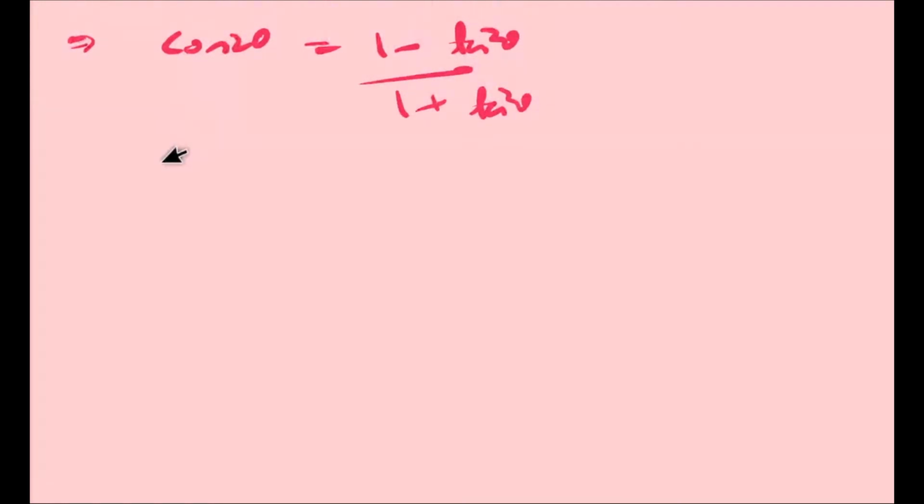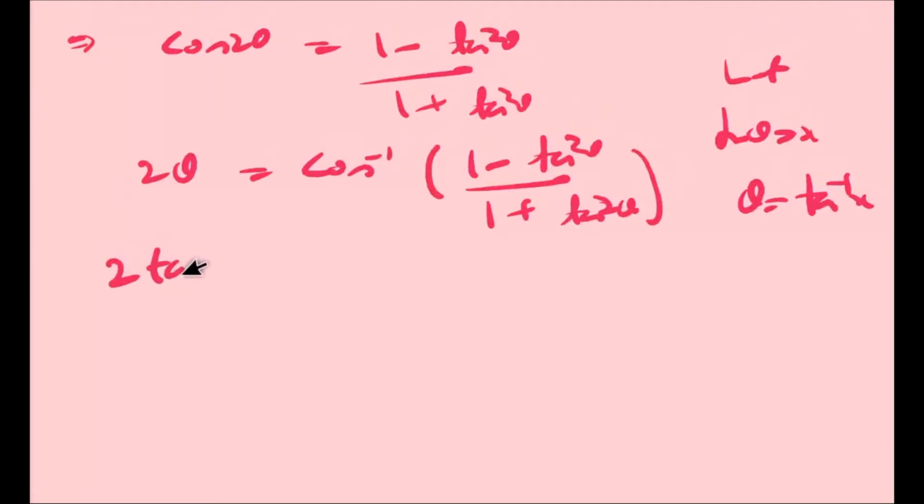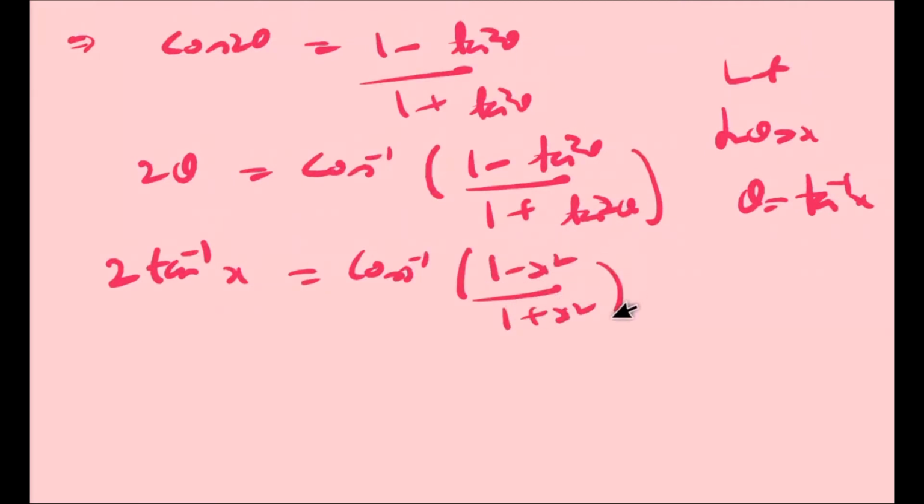Now we also know that cos 2θ equals (1 minus tan² θ) upon (1 plus tan² θ). So we put here 2θ equals cos⁻¹((1 minus tan² θ)/(1 plus tan² θ)). Again let tan θ equal x, then θ equals tan⁻¹ x. Putting the value here, we find 2 tan⁻¹ x equals cos⁻¹((1 minus x²)/(1 plus x²)).